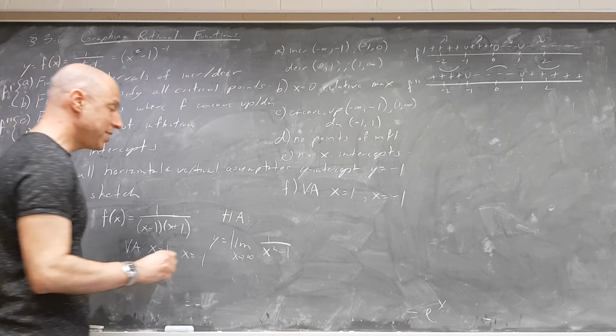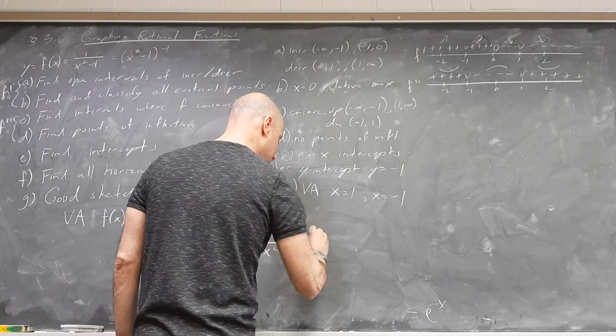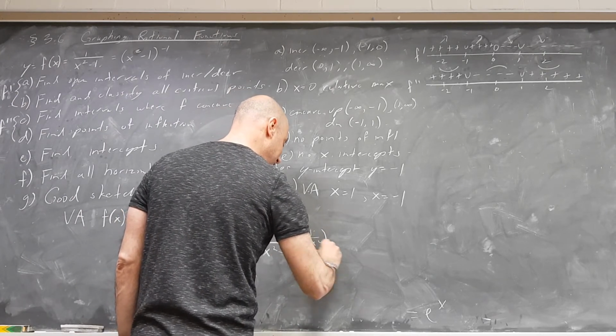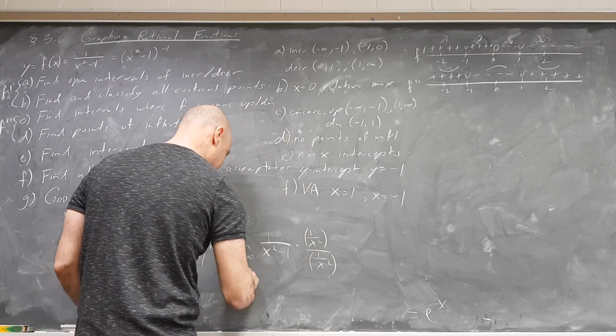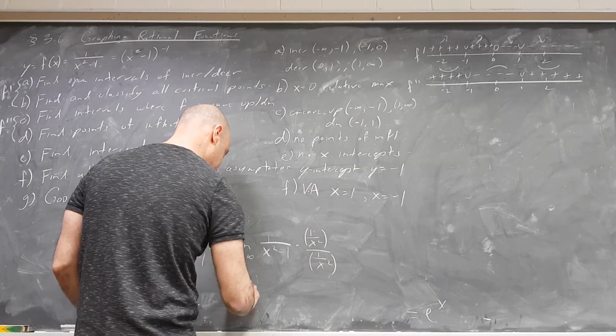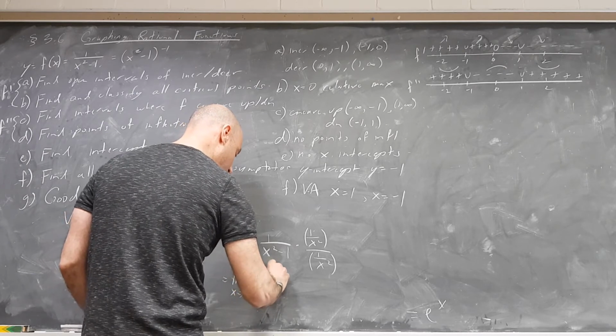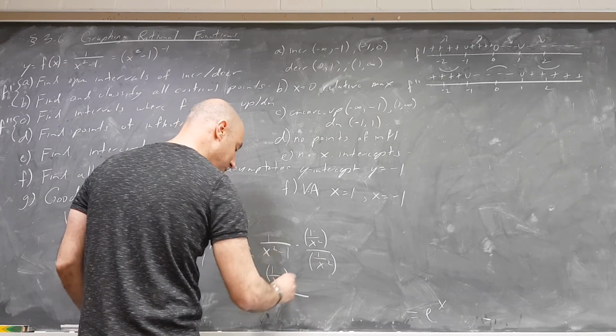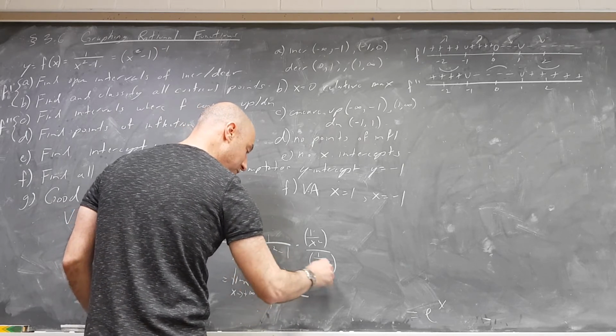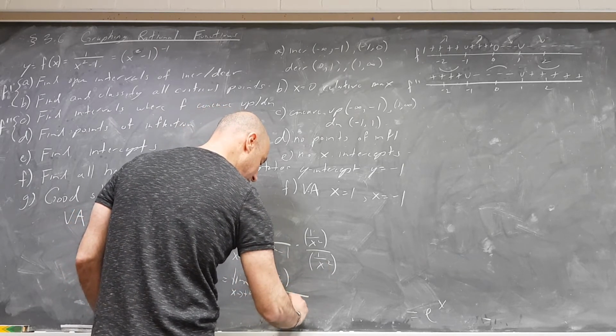And we can multiply the top and the bottom by 1 over x squared, just like we did in the previous video. And we're left with the limit as x goes to plus infinity of 1 over x squared times, x squared times 1 over x squared is 1, minus 1 times 1 over x squared is minus 1 over x squared.